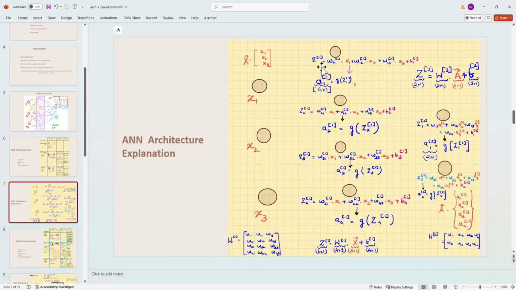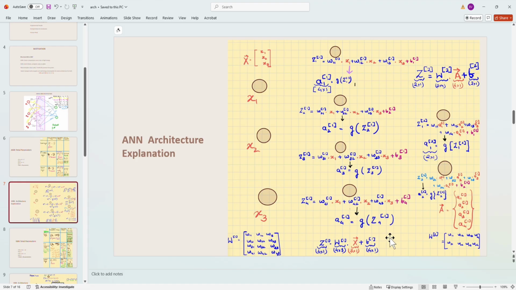So here Z1 of 1 is equal to W1 of 1 multiplied by X1, which is this input, and the result becomes A1 of 1, the activation function of our hidden layer. Similarly, we do it for each and every neuron.